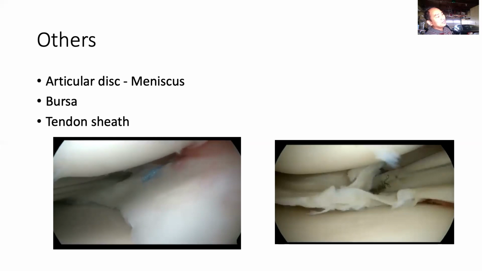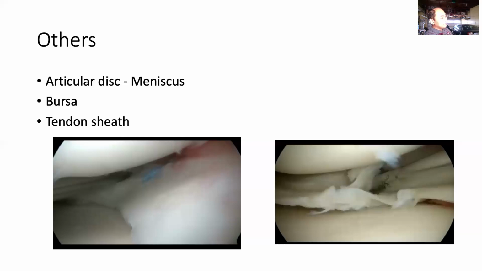There could be an articular disc. So in the knee joint, these are what you see in keyhole surgery, arthroscopic surgery of the knee. There is the meniscus. We learned from the previous lecture, when we were learning about fibrous tissue, that this is a form of fibrous tissue, which is called meniscus.